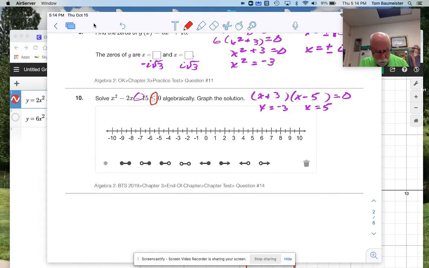So we're going to make a circle at negative 3 and fill it in, and make a circle at 5 and fill it in. I showed you how to do that, so we're going to use that one.